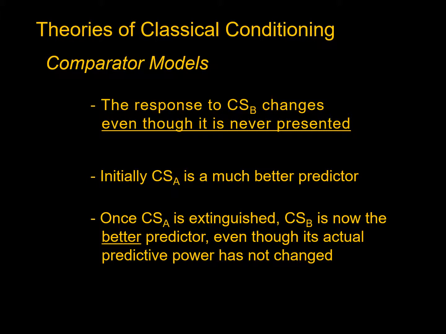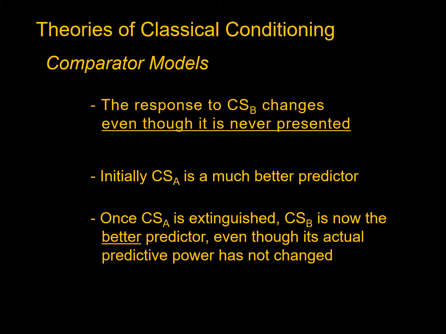So this is kind of the key idea in the comparator model, is that you may have multiple possible predictors of an event. What really matters is which one is the best predictor you've got. So you might have a really great predictor and a kind of bad predictor right now.